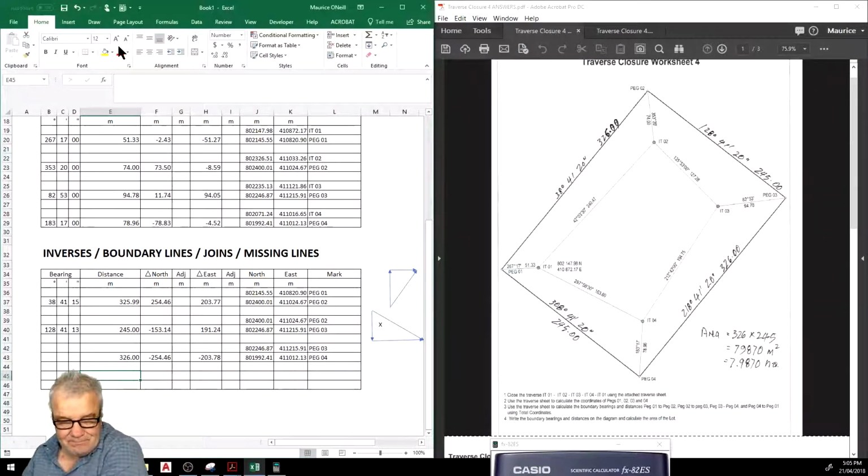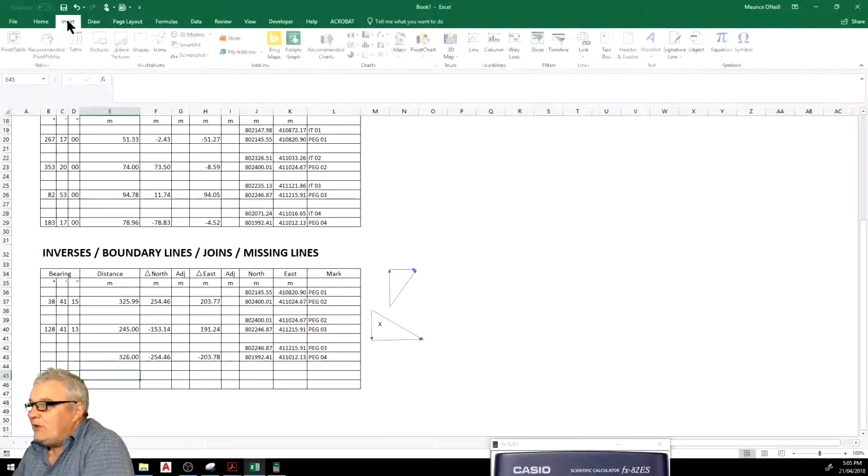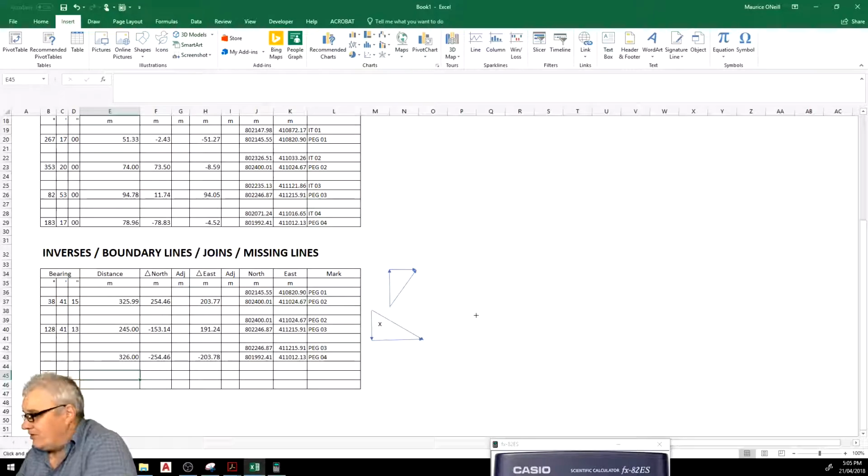Yeah, alrighty. So let's draw the little diagram. I'll make this one big here, and we'll go insert shapes. So first of all, for this one, we're going negative north, which is minus 254.46.